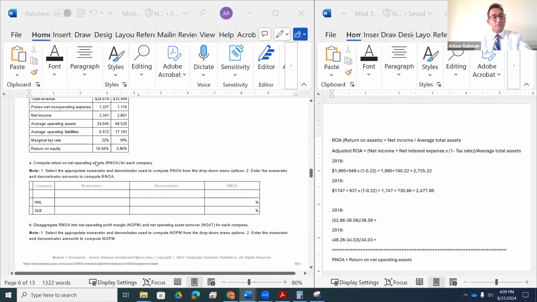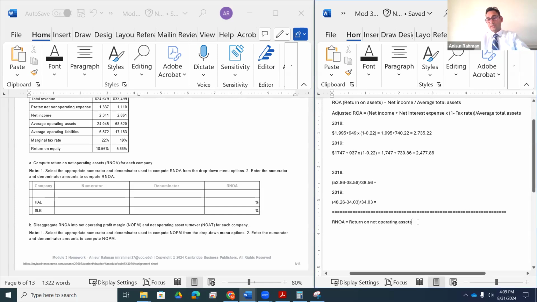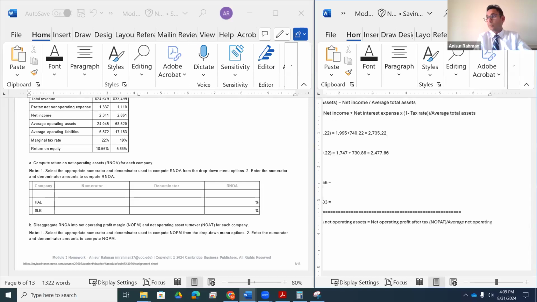Okay. Compute return on net operating assets for each company, numerator and denominator. So what is return on net operating assets? It is equal to net operating profit after tax, in short NOPAT, a very important metric, divided by average net operating assets.